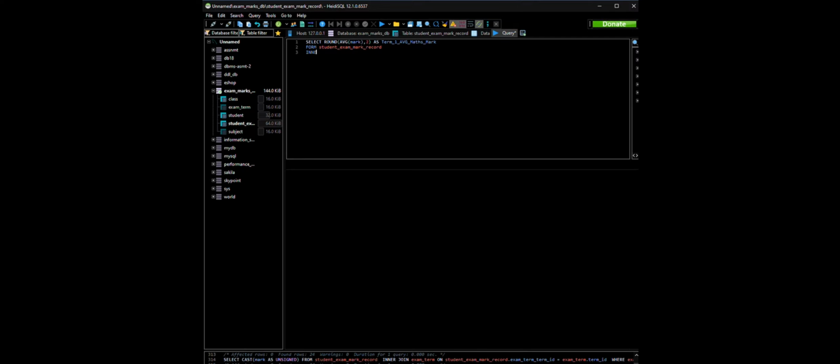So here we are going to join 2 tables, the exam term table and the subject table, because those are the 2 tables which have been mentioned here. Student exam mark record dot exam term underscore term ID is equal to exam term dot term ID.